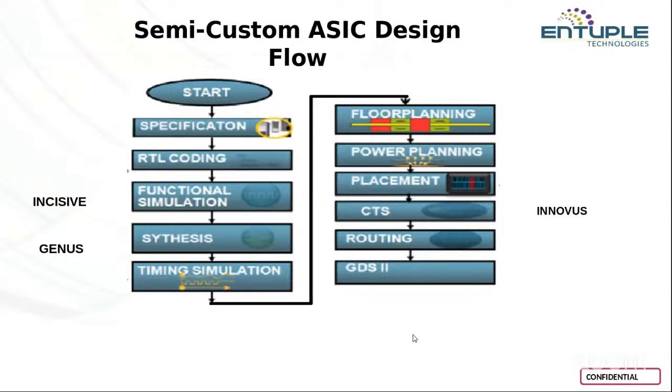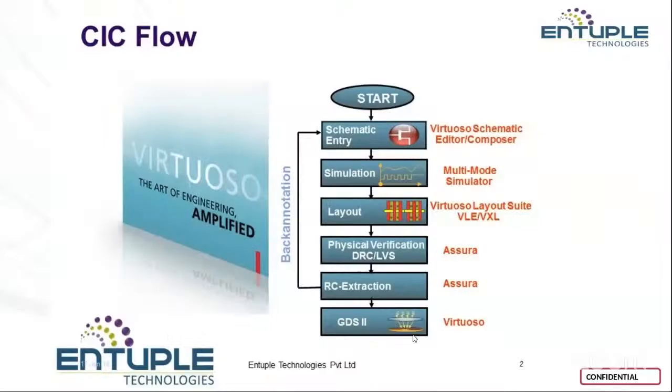Then we have the backend side: floor plan, power plan, then placement and routing, CTS, that is clock tree synthesis, and routing, and GDS. The complete flow will be carried out by the Incisive simulator or the Xcelium simulator, the Genus synthesis solution, and finally the Innovus implementation system for the backend design. Still we have a lot more tools for the individual processes, right? So that's the semi custom flow.